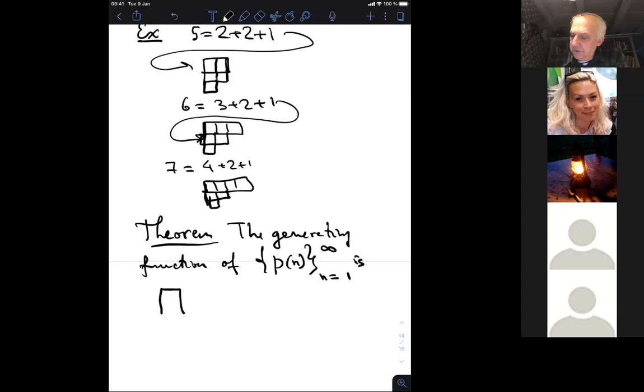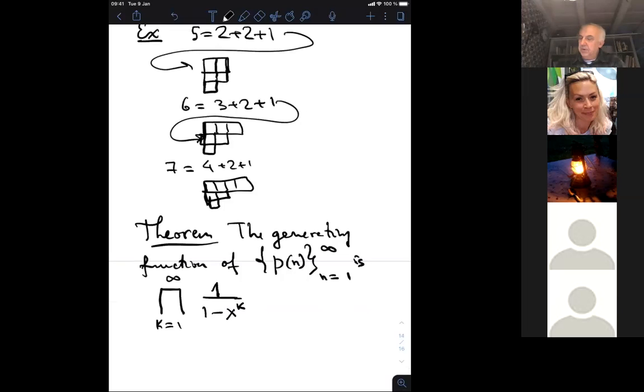It would be an infinite product, but that's the best thing we can do. The product over k from 1 to infinity of 1 divided by 1 minus x to the power k. So there is no nicer formula for that.